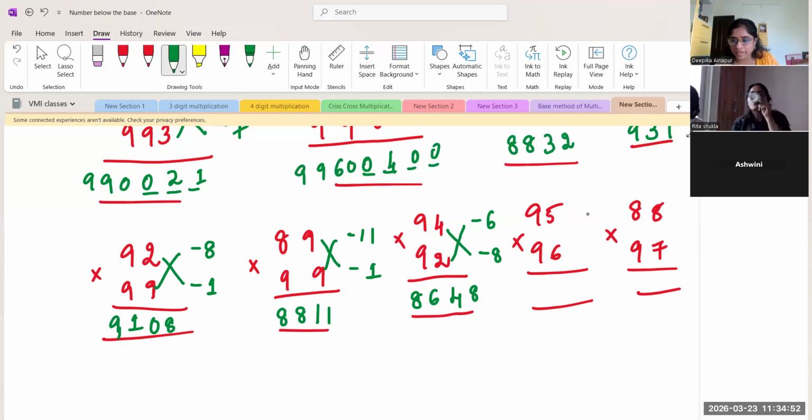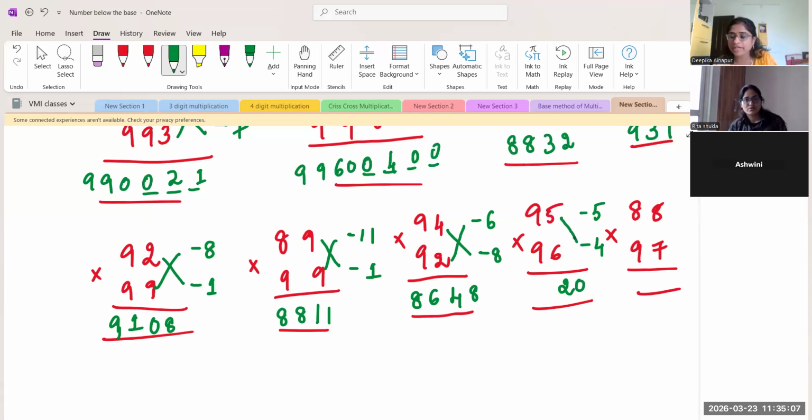And next, 95 into 96, right? 95 minus 100, that is minus 5. 96 minus 100, that is minus 4. Minus 5 into minus 4 is 20. In 100, 2 zeros only are there, so I can accommodate the right side of the answer as 20.